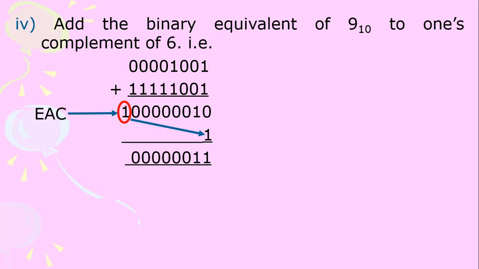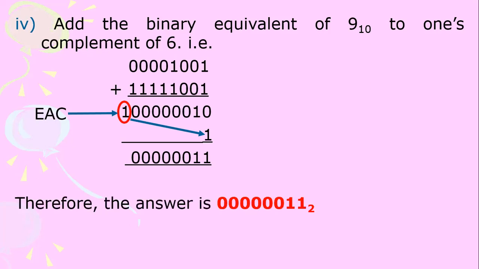The rest of the digits, we bring them down, excluding the carry because we have already removed it. So we get 0, 0, 0, 0, 0, 0, 1, 1. So the answer becomes 0, 0, 0, 0, 0, 0, 1, 1 in binary.